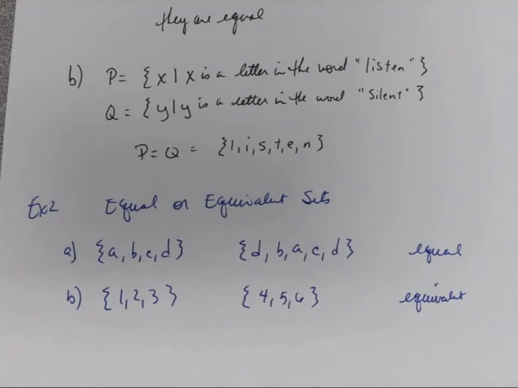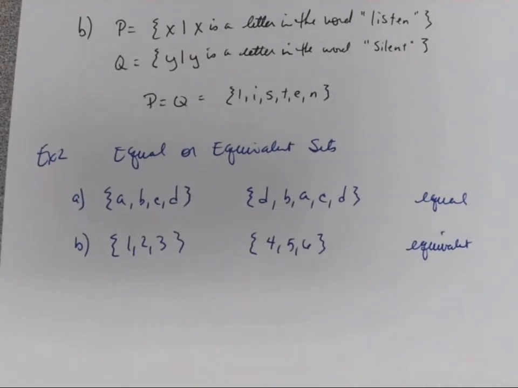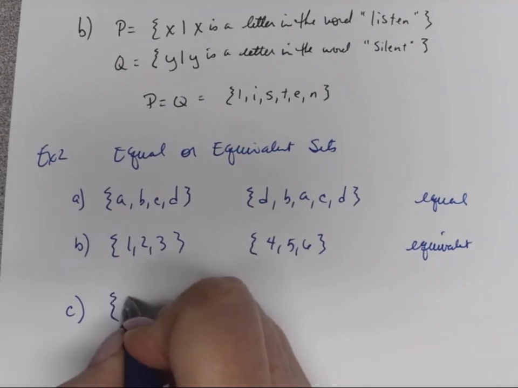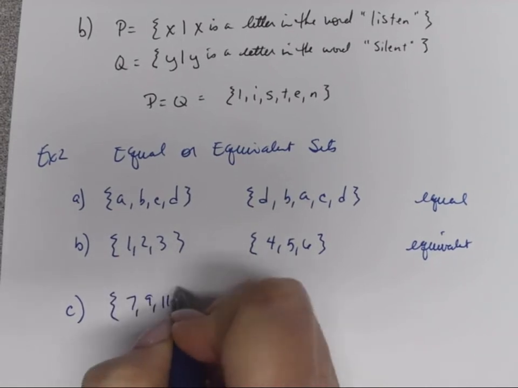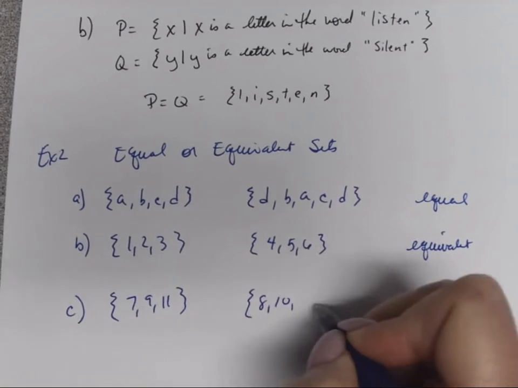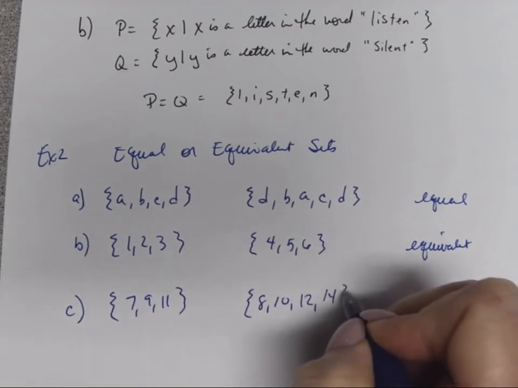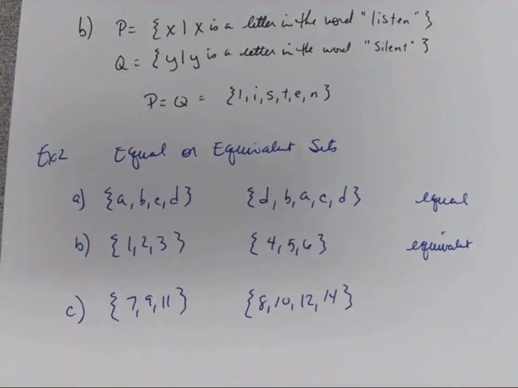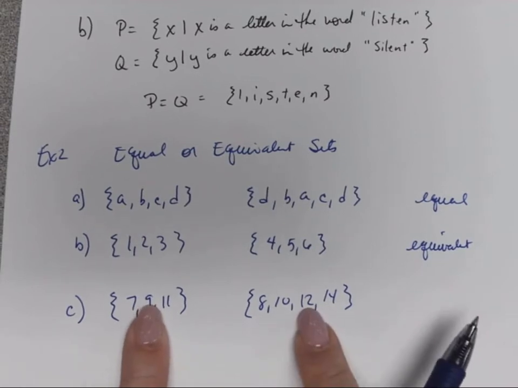So let's look at something that is not maybe the same. Let's look at part C. What if we have the set 7, 9, 11, and here we have 8, 10, 12, and 14. Well, the elements here are not the same as the elements there.